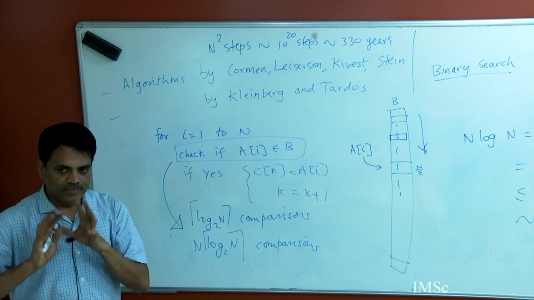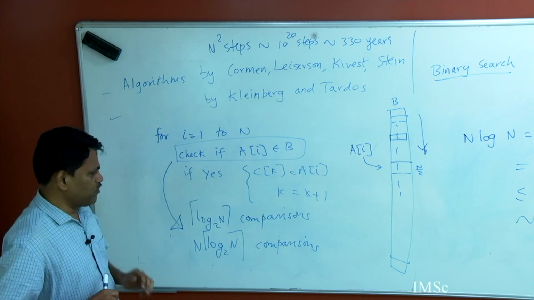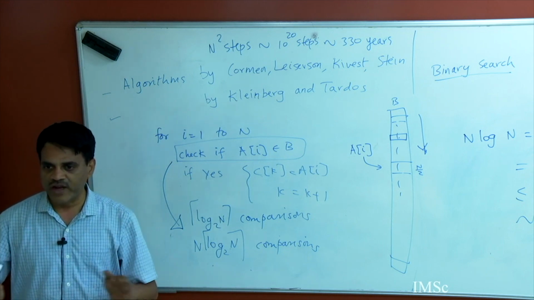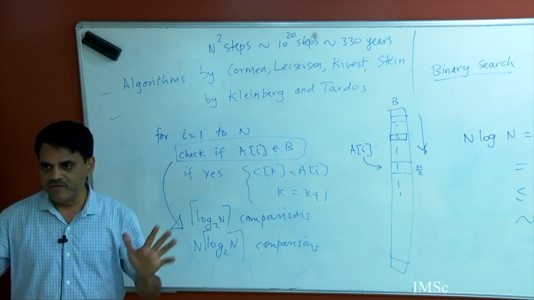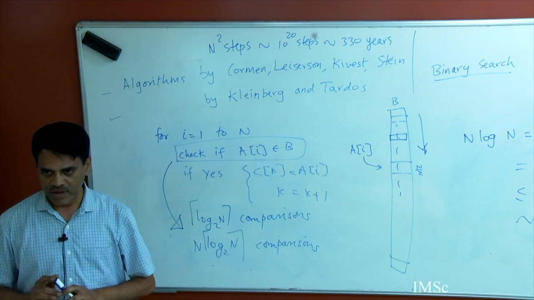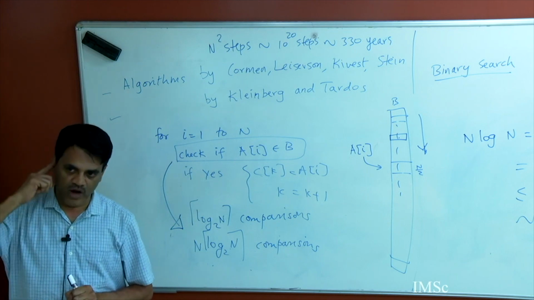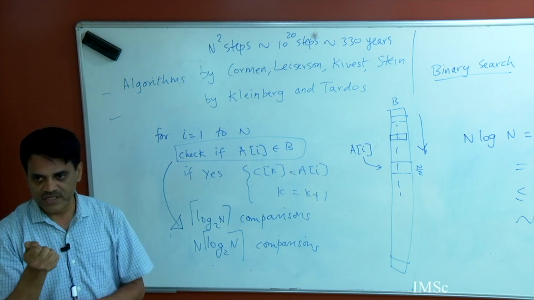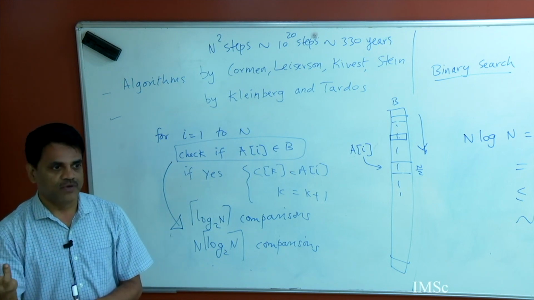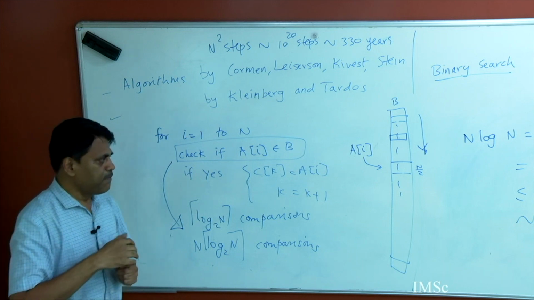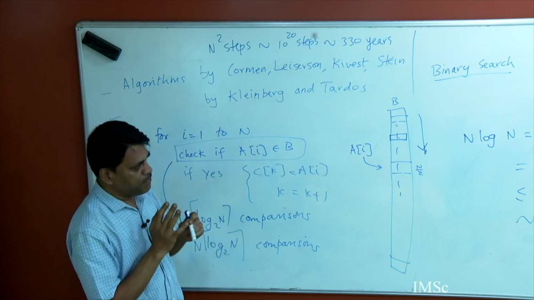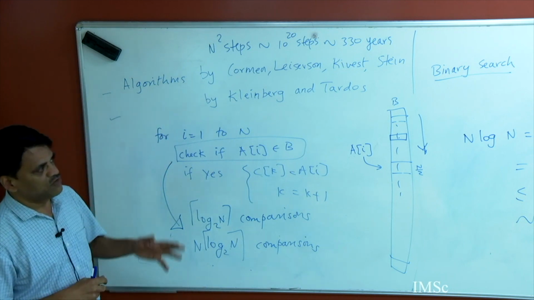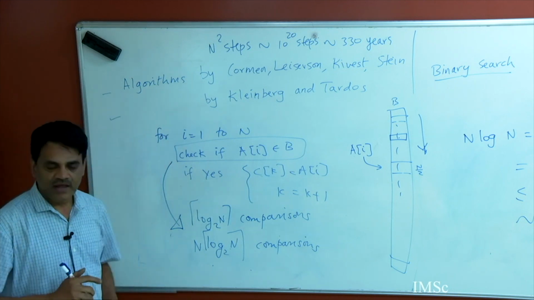Let me summarize again what we did. We had a simple problem, two large arrays, and we want to find all common entries. A naive algorithm will take n square time, but if one of the arrays is sorted, then we can use binary search to reduce the running time to n log n, and it makes a big difference for large values of n, especially if n is like 10 power 10.